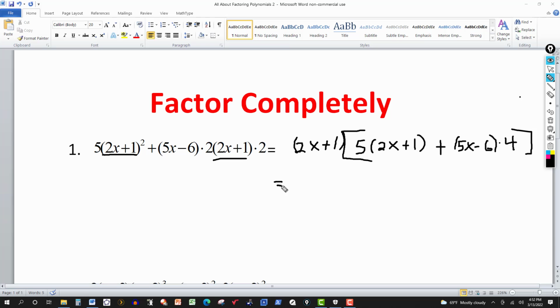So then it's just a matter of simplifying here. We have 2x plus 1. And I just put parentheses here, so I'm going to simplify this: 5 multiplying through here, 5 times 2x is 10x. 5 times 1 is 5. And then in the other product, I have 4 times 5x, multiplying through there, that's 20x. 4 times minus 6 is a minus 24.